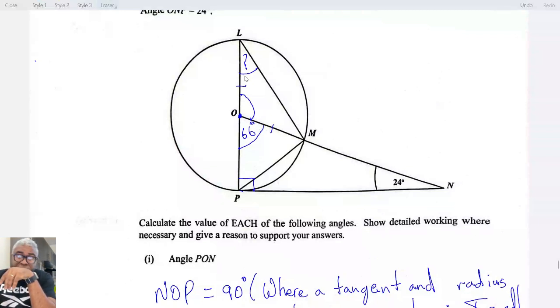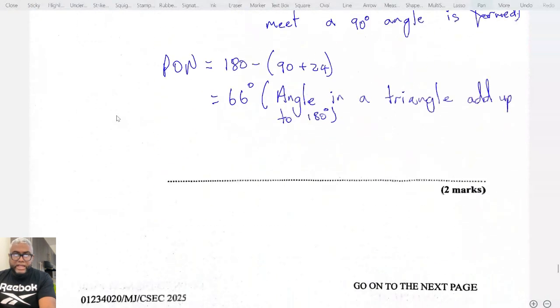So what is the law that could help us find LOM, which is here? Angles at a point on a straight line add up to 180 degrees. So that will allow us to find LOM. Let's write. Scrolling down.